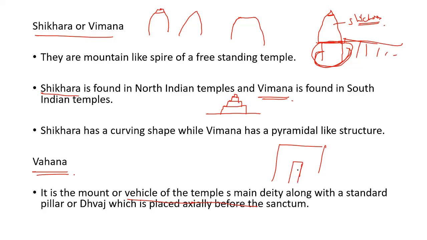Through this gate only, we can see the sculpture of the God. But here we can see the Vahana sculpture, right? Yes, sir. Right. So those are Vahanas, and especially these Vahanas are present in the Dravidian style of architecture.